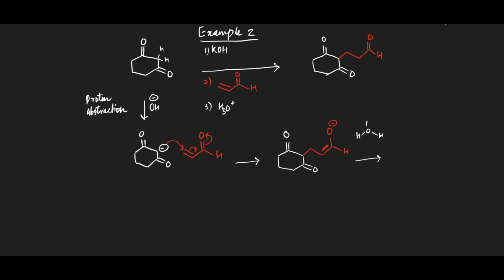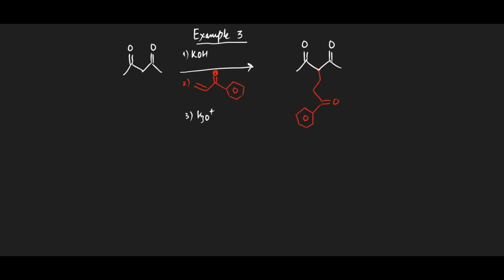This is then protonated on oxygen upon acid workup to give an enol, which tautomerizes to give a more stable ketone form as product.